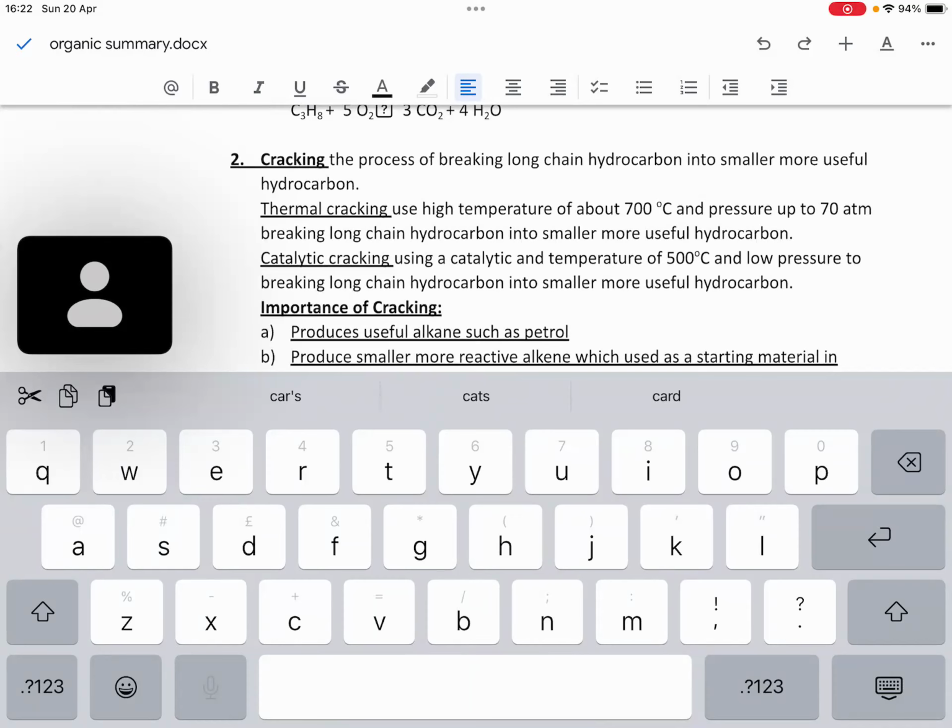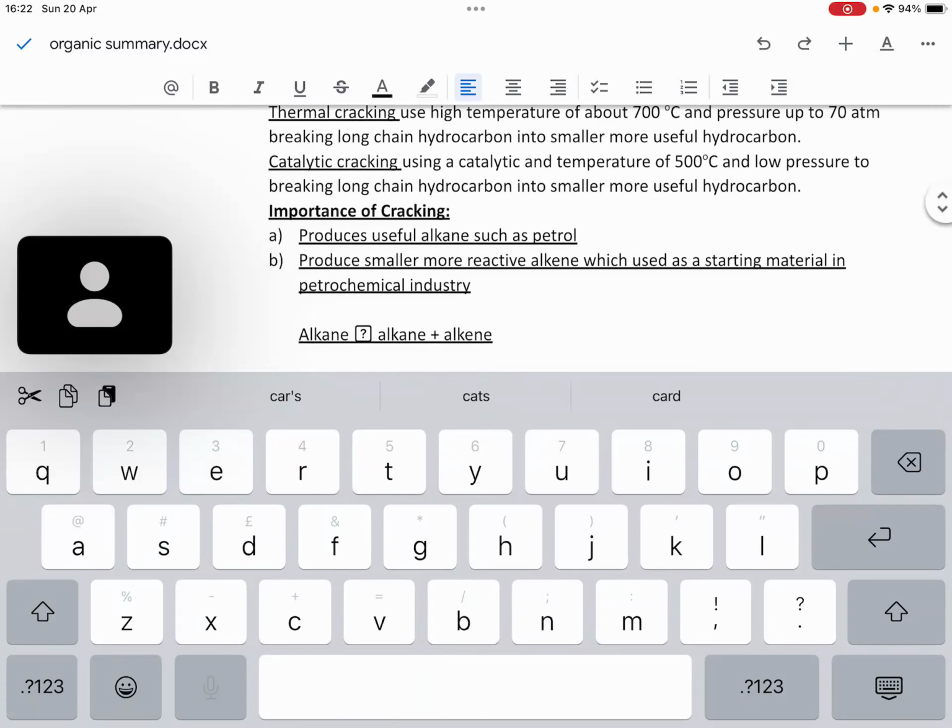So we have two types of cracking. We have thermal cracking. In thermal cracking, we use high temperatures of about 700 degrees Celsius and pressure up to 70 atm to break a long-chain hydrocarbon into smaller, more useful hydrocarbons. We have catalytic cracking, which uses a catalyst, temperatures of about 500 degrees Celsius and low pressure to break long-chain hydrocarbons into smaller, more useful hydrocarbons.